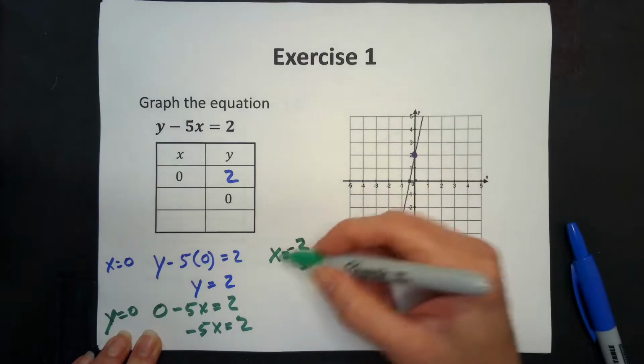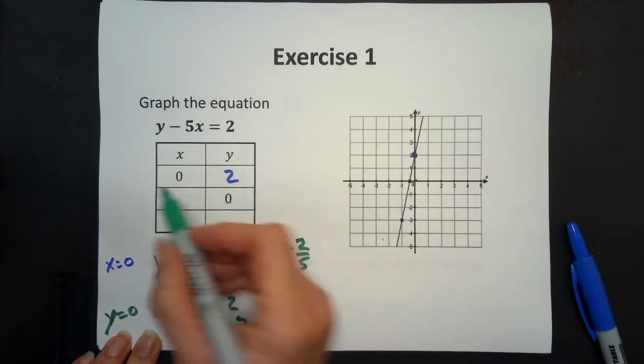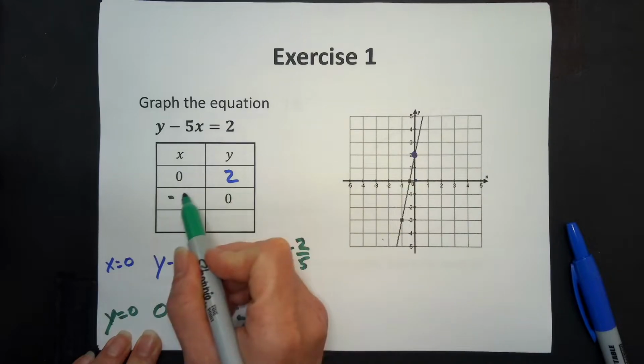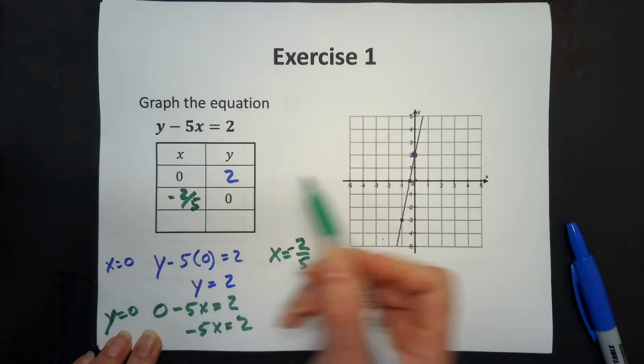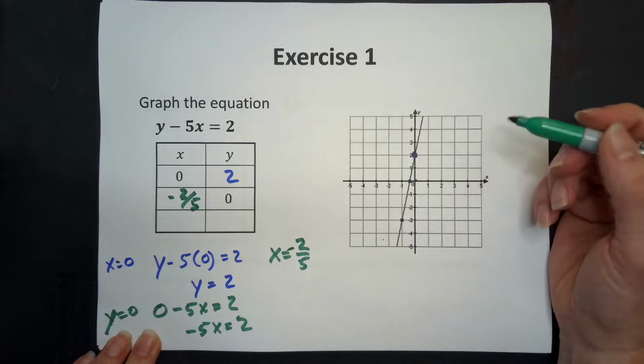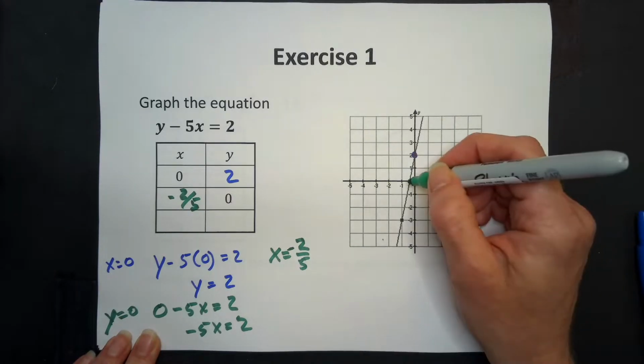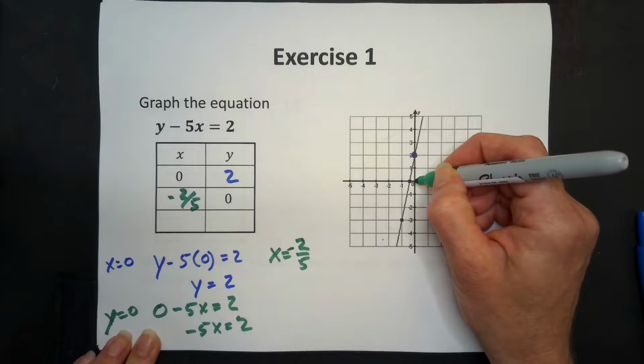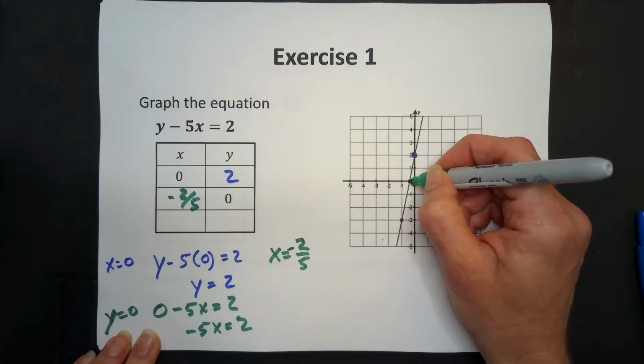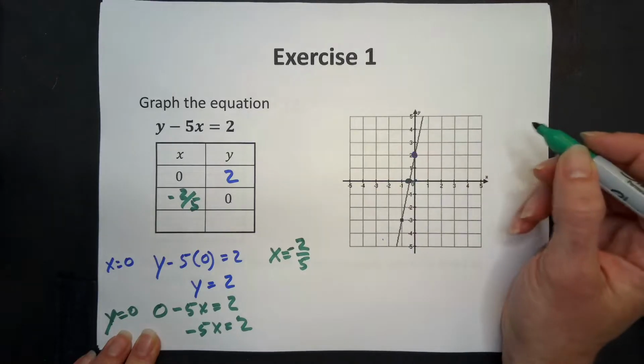So we have the point (-2/5, 0). It's a fractional point. We don't like to graph fractional points if we can avoid it, but this is our x-intercept, so we go over to negative 2/5, which would be right here, up 0, so that's this point right here.